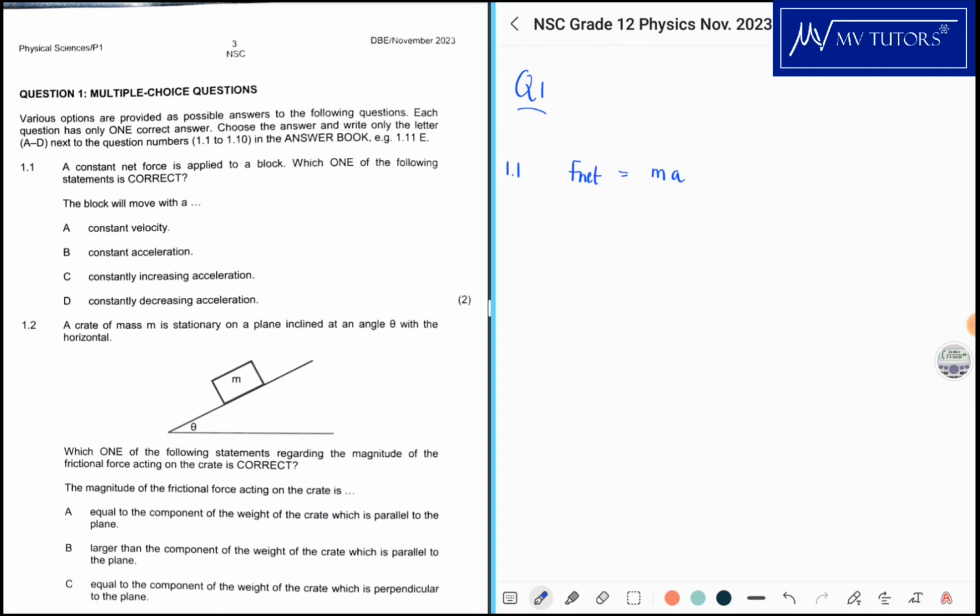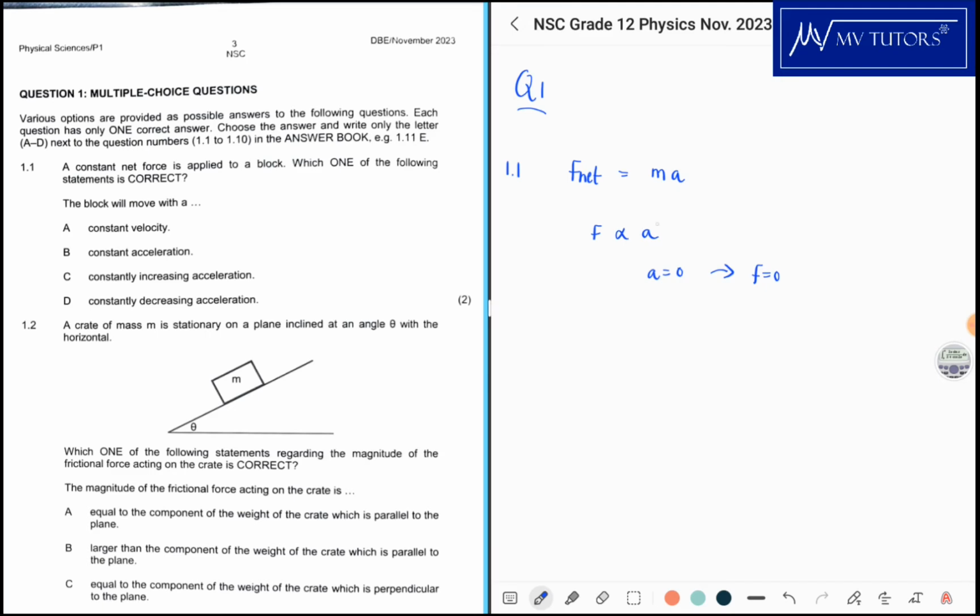And we know that the force is directly proportional to acceleration. Newton's laws, right? So now here, will it move with constant velocity? Constant velocity means that our acceleration is 0, and if our acceleration is 0, it means that the force applied is 0. So that can't be the case. Constant acceleration, yes.